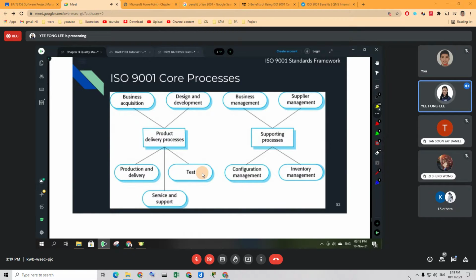What kind of metric you want to use, what kind of tests you want to use. Of course, before that, you have to look at your business acquisitions, what you're going to design and develop, what are the relevant and most important attributes that need to be measured, and find out the suitable tests.